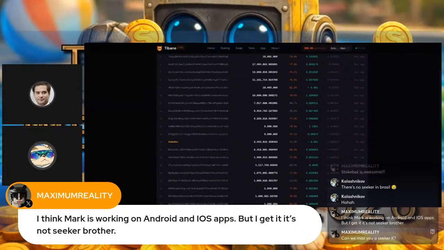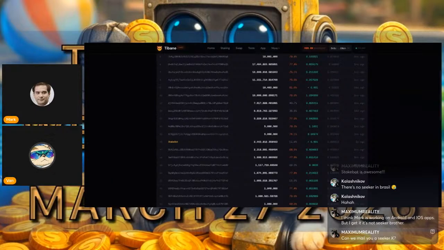So get your star fingers ready. It will be the same app as the one we have on the Seeker, which means I'm going to update the app on the Seeker to support whatever is needed to submit on iOS and Android. And then just try to normalize the app as much as possible to push across all the platforms.